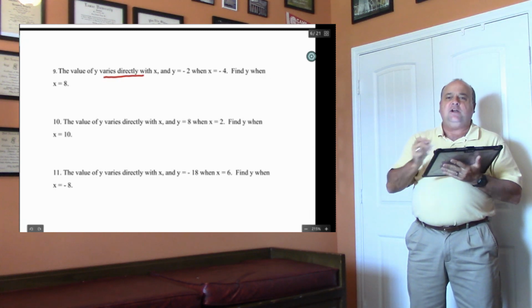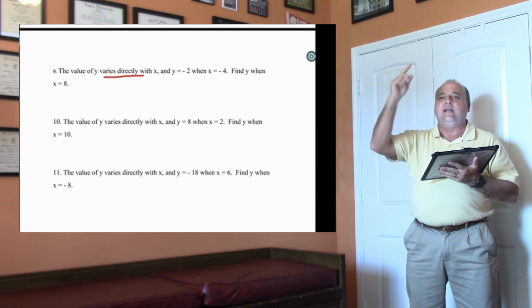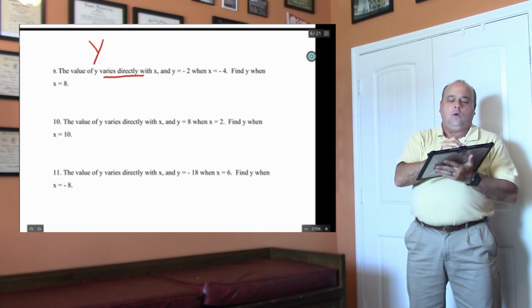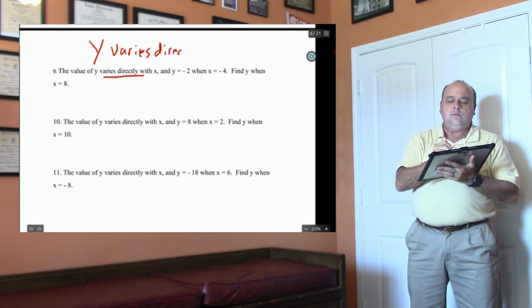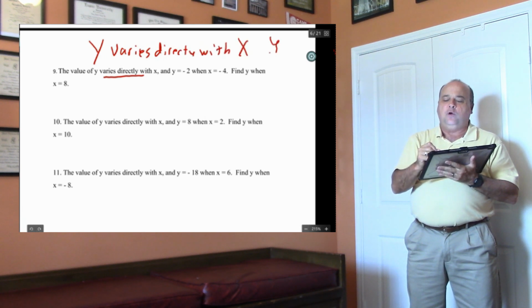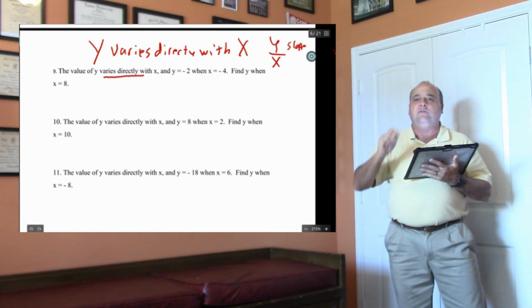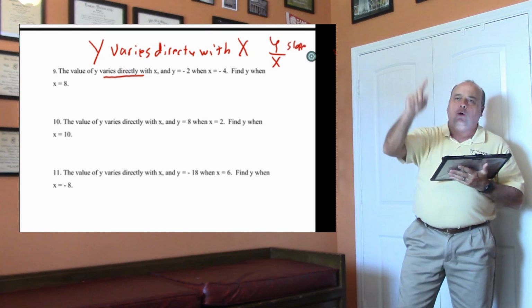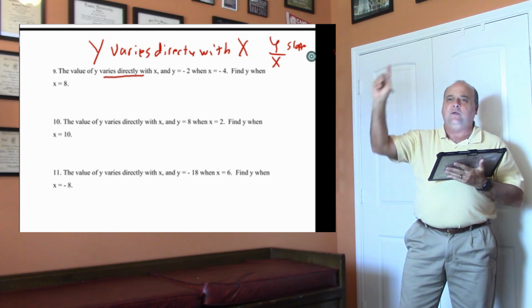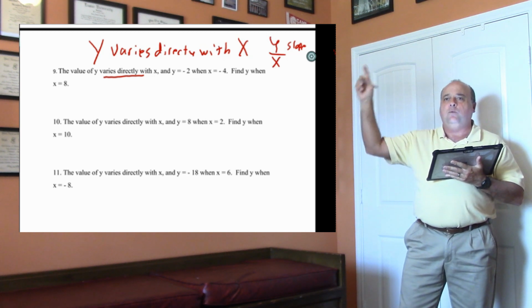If it says varies directly, y'all please listen, in a word problem, it will always be y varies directly with x. And if you put y over x, that is going to be your slope or your constant of variation. It will always say y varies directly with x.